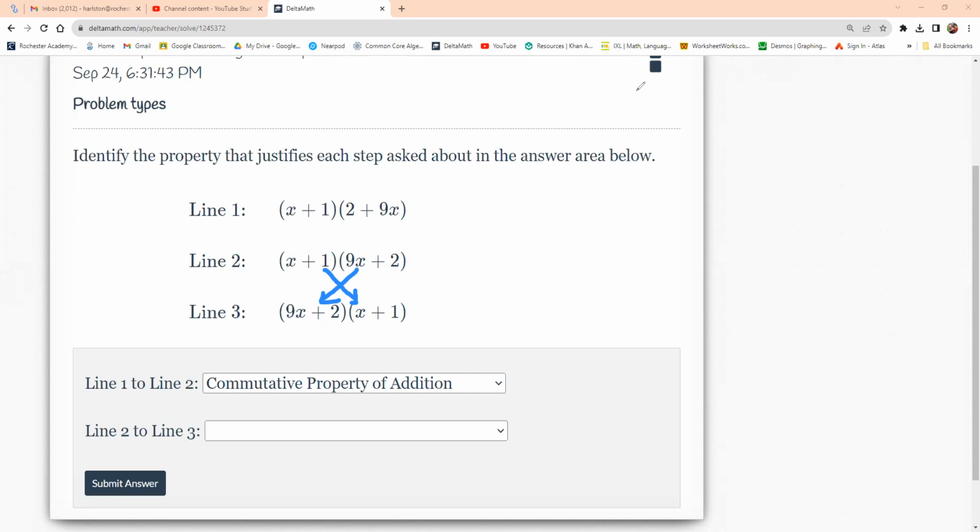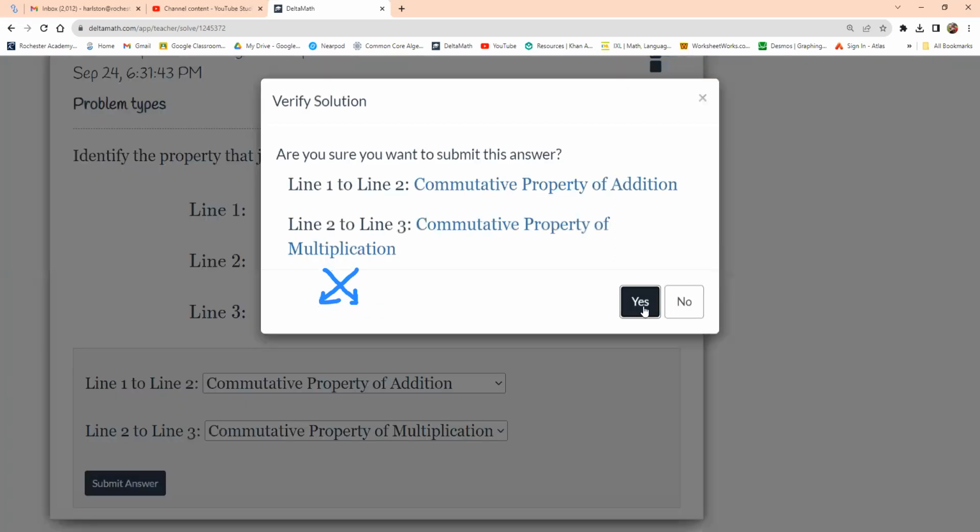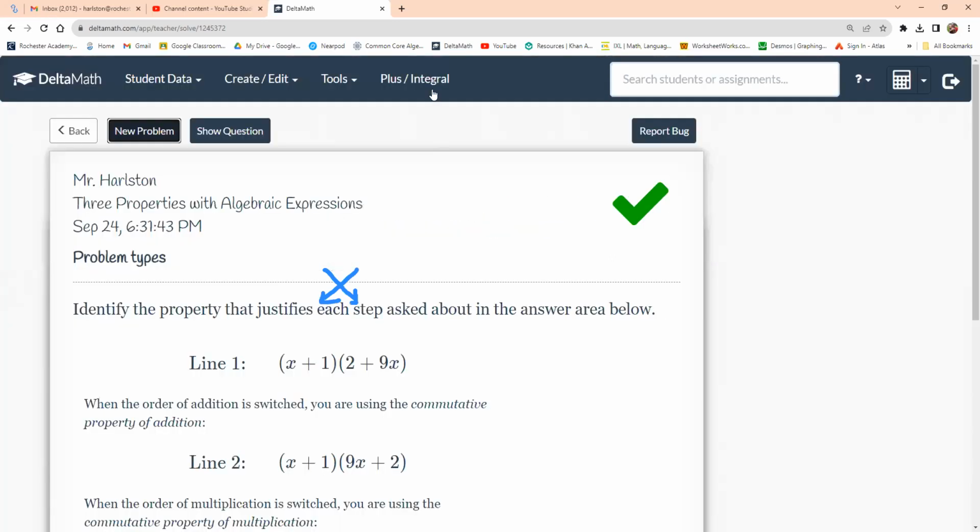So I would choose commutative property of multiplication, and submit it. And that would be that. All right, let me clear this real quick. Clear. All right, now let's do the next one.